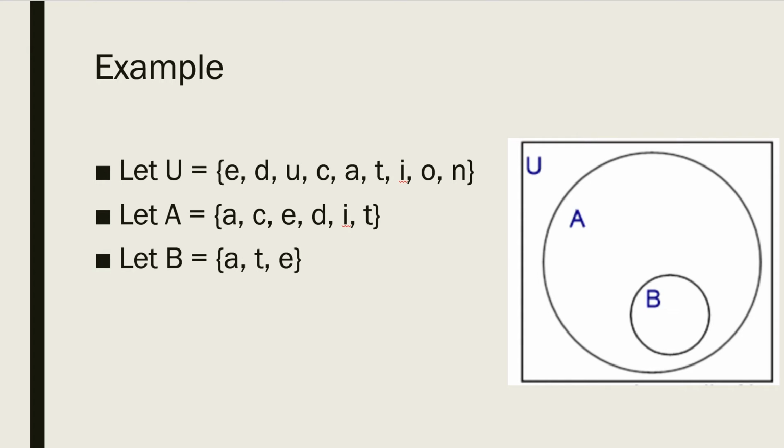If I look at set B, it has A, which is also in set A. It has T, which is also in set A, and it has E, which is also in set A. So I know that B is a subset of A.